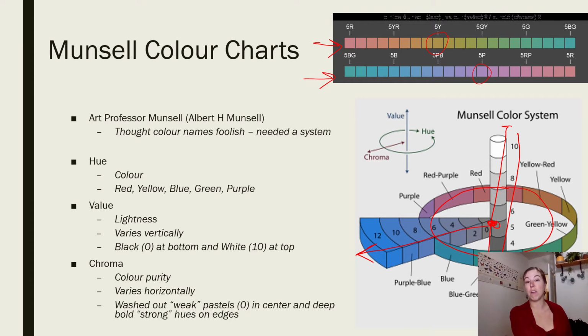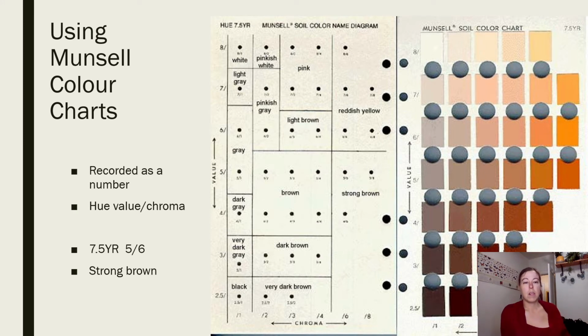He has these charts for every color, but in soils, we're only using them for specific color tables that we use with soils. So for us, this is a really common one, 7.5 YR. So that's halfway between yellow and red. You get yellow red. We tend to use 7.5 YR and 10 YR. Those are the ones that we end up using for our soils around here the most.